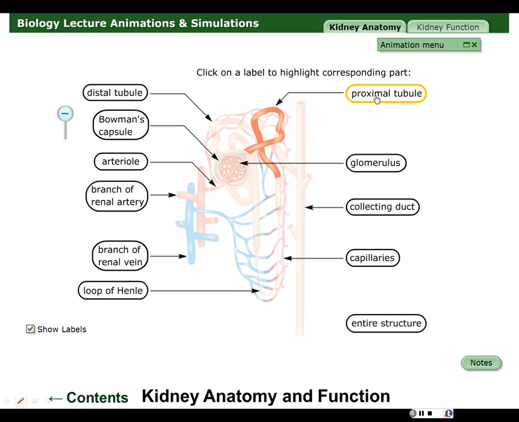If we look at it this way, the first area, the filtrate would be moving which way? Descending. Let's just describe this loop of the limb. So filtrate would be flowing, in this case, down through the descending limb of the Henle.